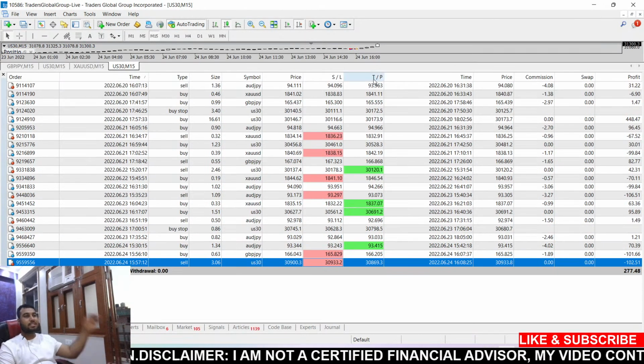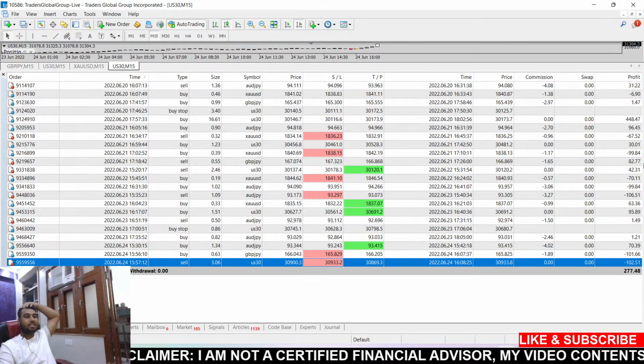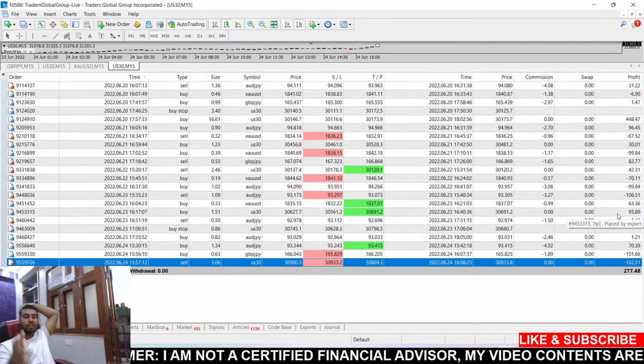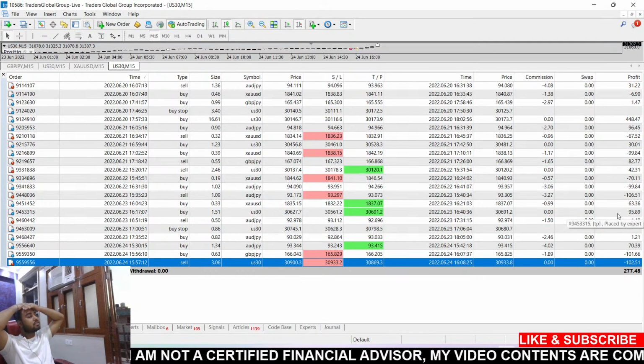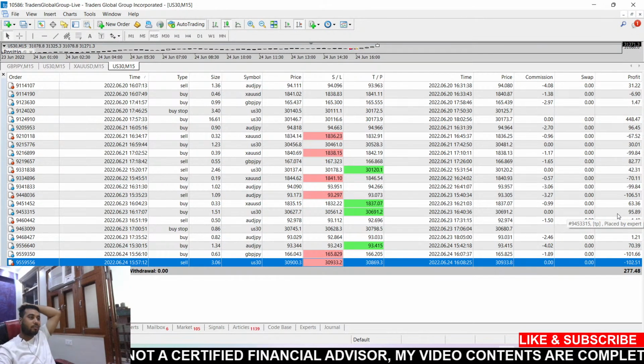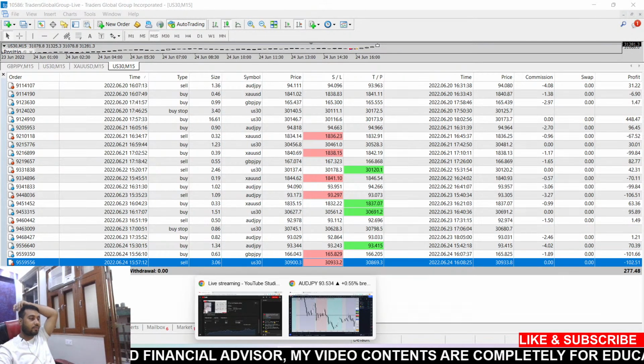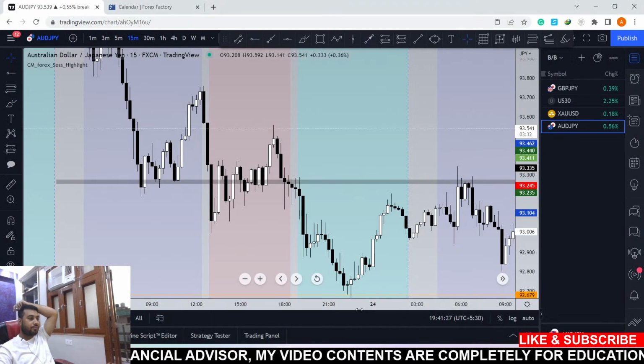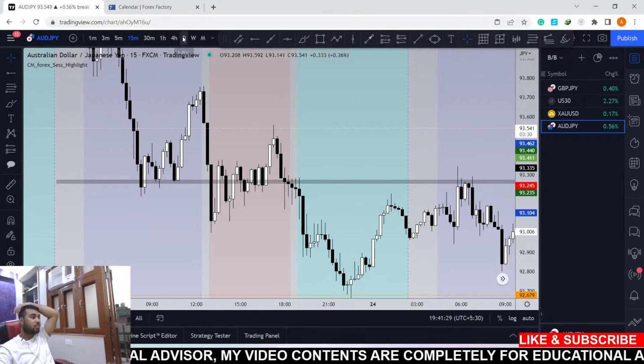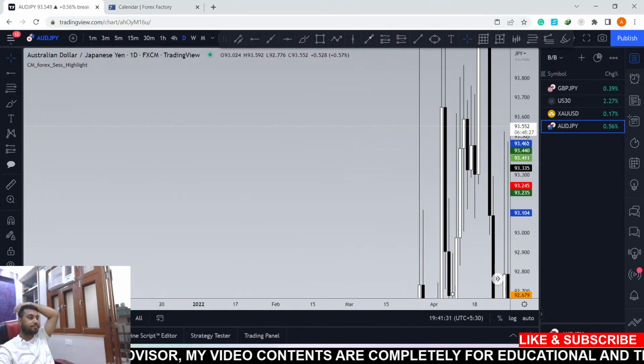But the good thing is, every time you will not see this sort of thing. You saw this because the market was not very trending at that time. For one or two days, you look at the market. Just go to the daily time frame.